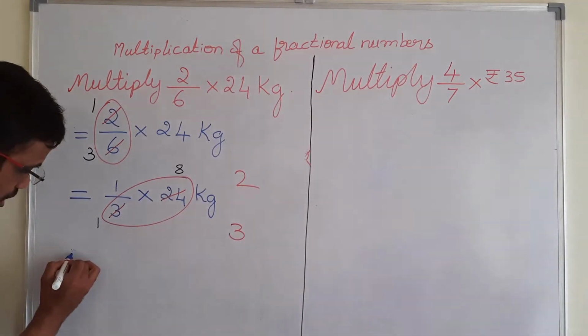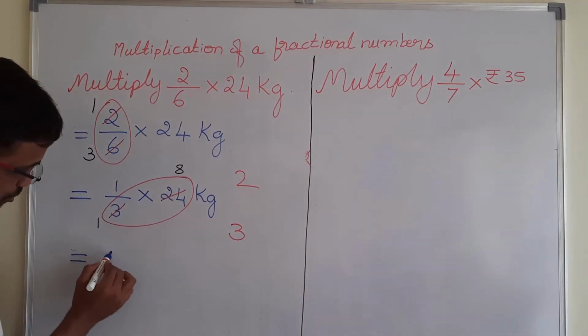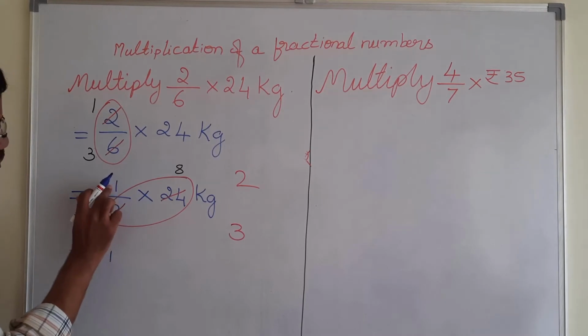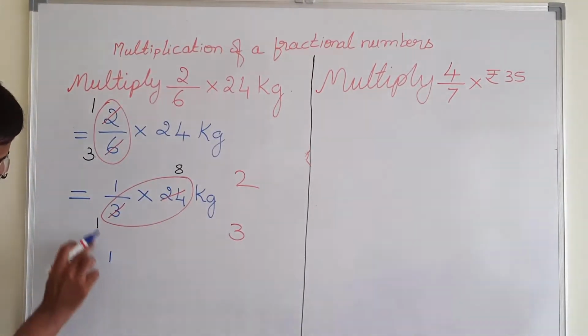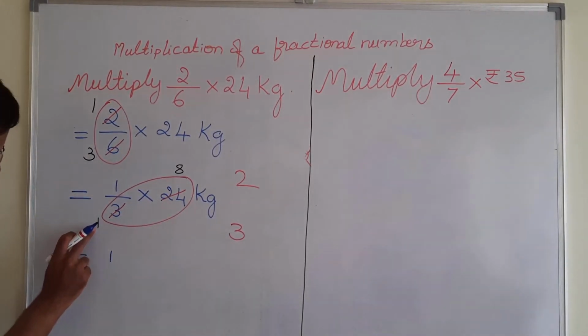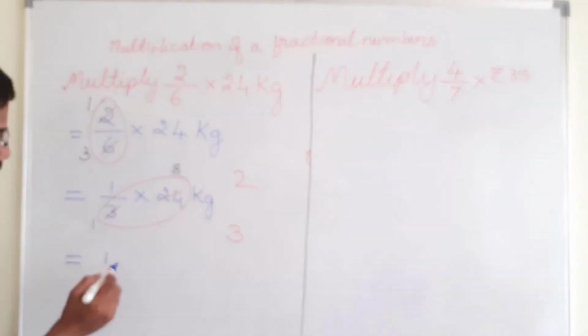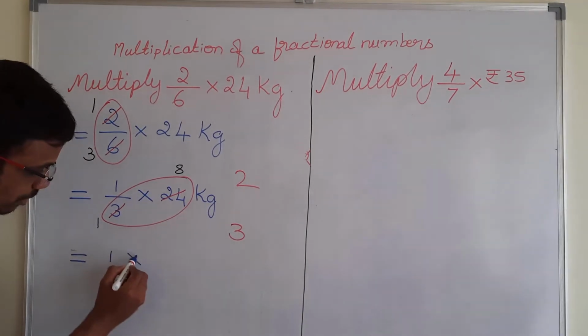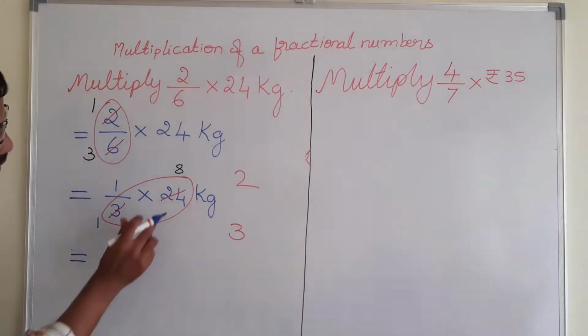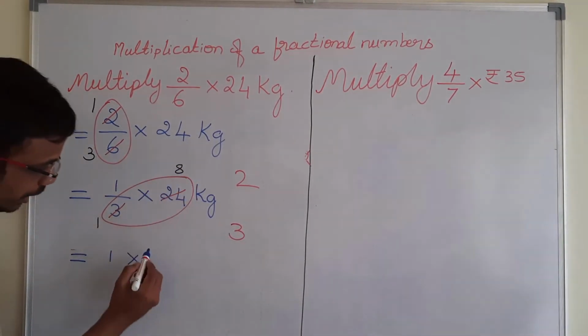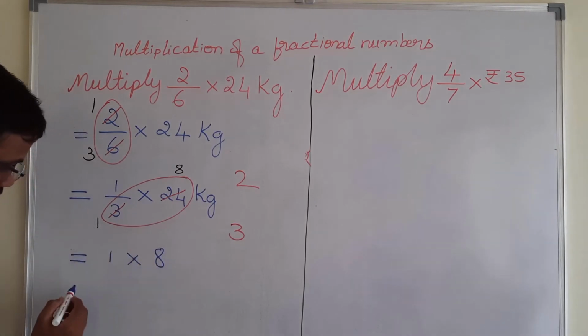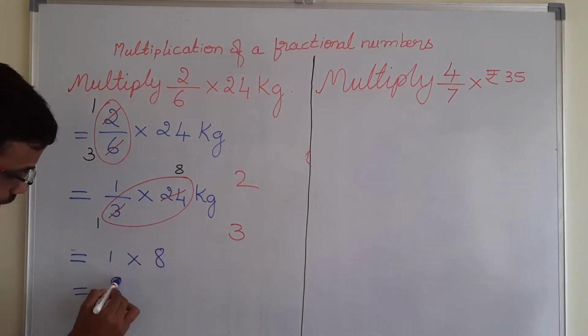Now I am left with 1 in the numerator, 1 in the denominator with this fraction. Whenever 1 is there in the denominator, we should not write it, we just skip it. Then there is the multiplication sign. Here I am left with 8, I wrote 8. 1 into 8, I got 8.